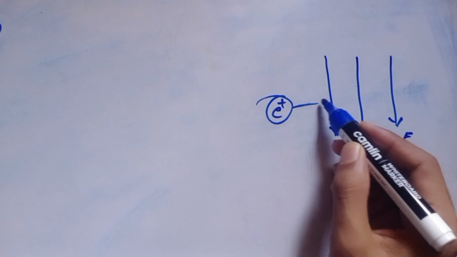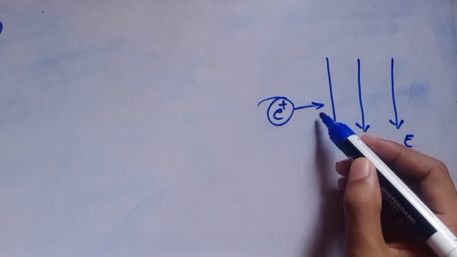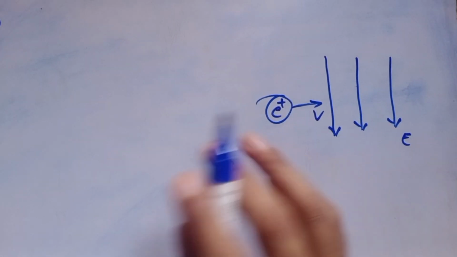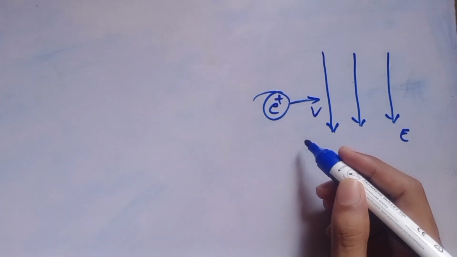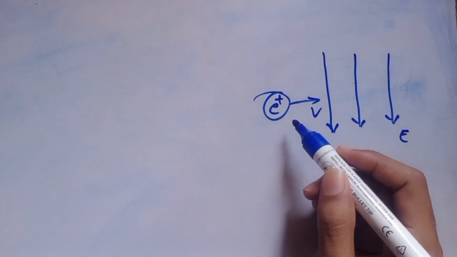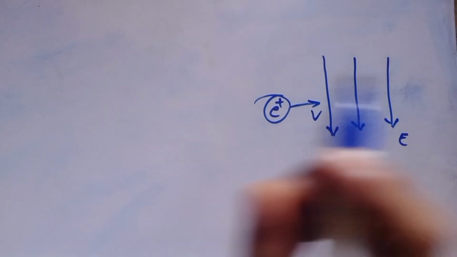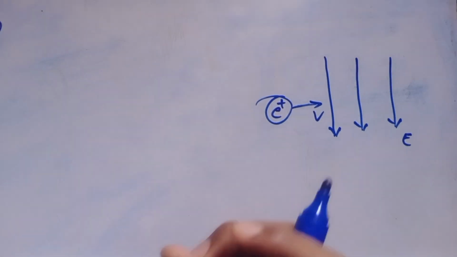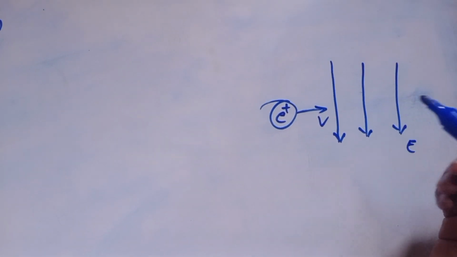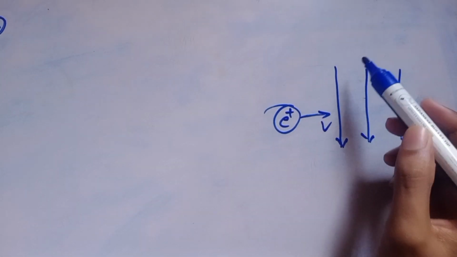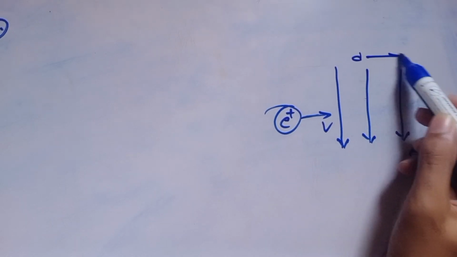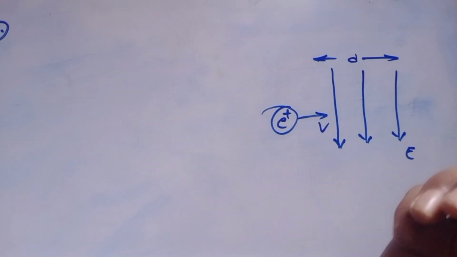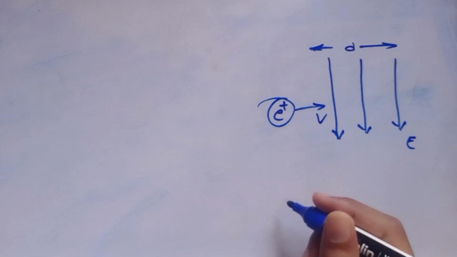When this positive charge particle moves with v velocity in the x-axis, then what is happening to this positive charge particle? And d is the distance in which the electric field is available.